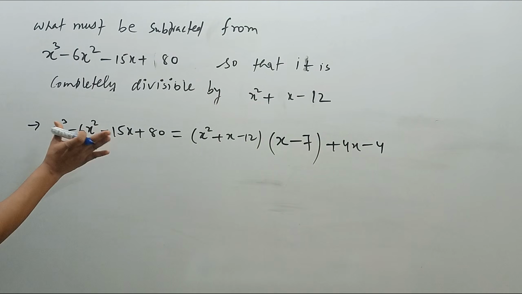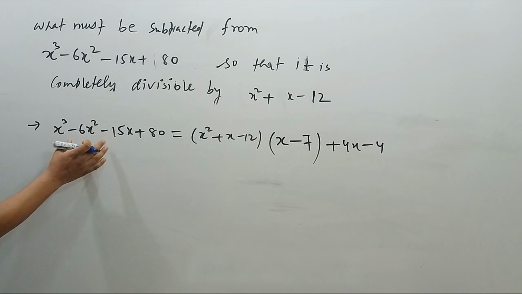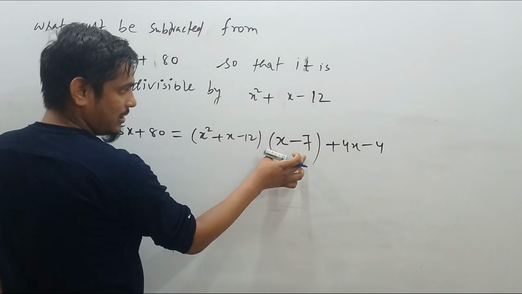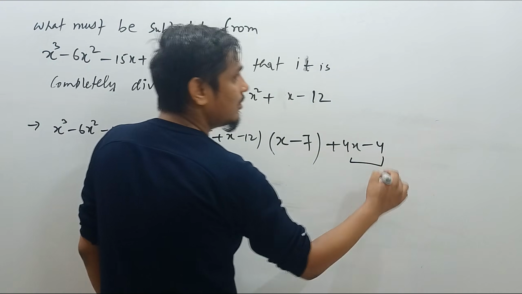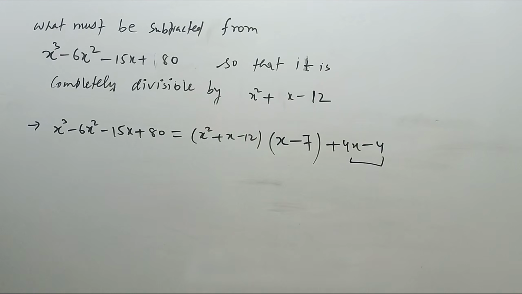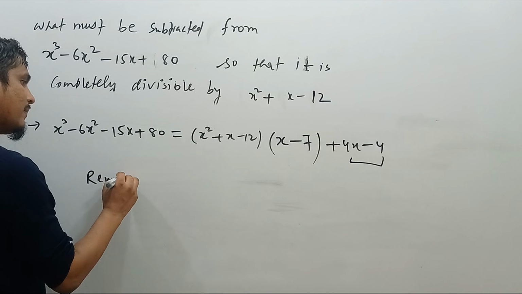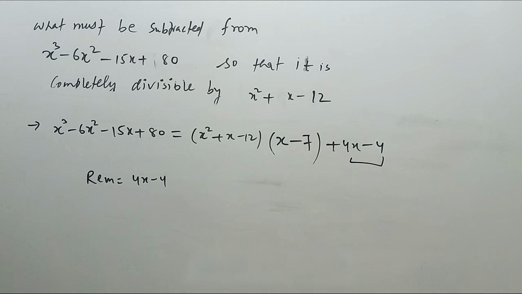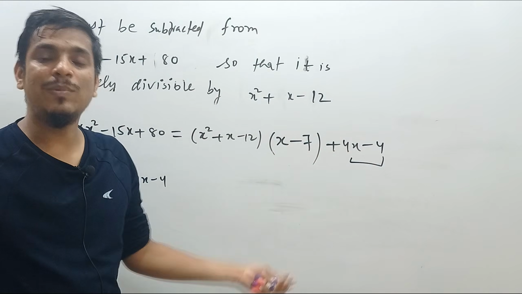It means once we divide this cubic polynomial with this quadratic, this is the divisor, this is the quotient, and this is the remainder. So the remainder is 4x minus 4. Now what is to be subtracted from the given polynomial? Whatever remainder we get, that needs to be subtracted.